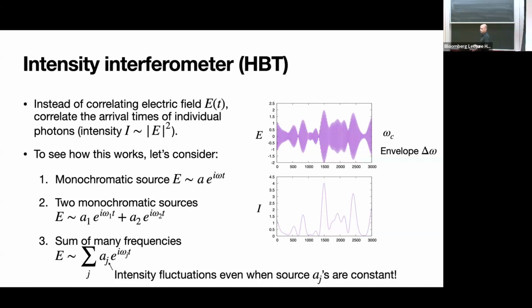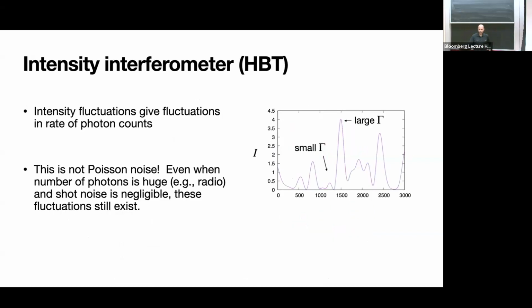Good. So these fluctuations in intensity then give us fluctuations in the rate at which we see photon counts. Obviously, at times when the intensity is high, there's a high rate of photons reaching us, and at times when the intensity is low, there's a low rate of photons reaching us. I want to stress this is not Poisson noise, this is not shot noise.